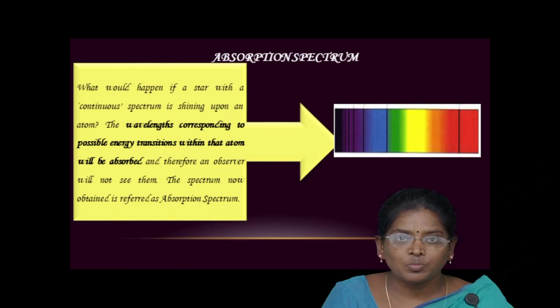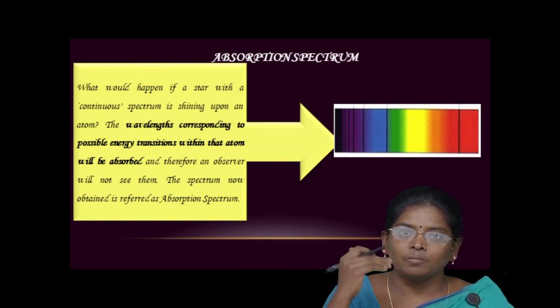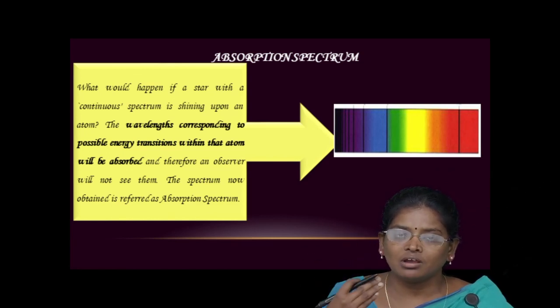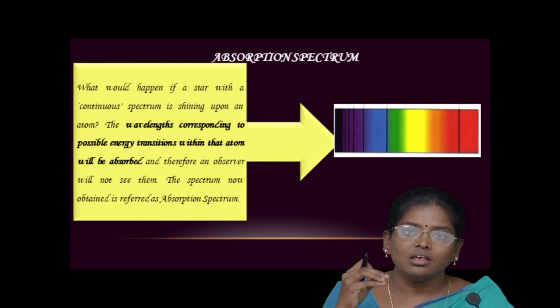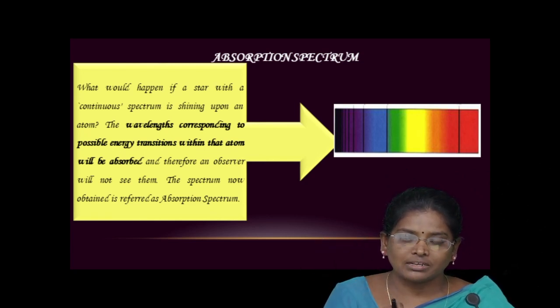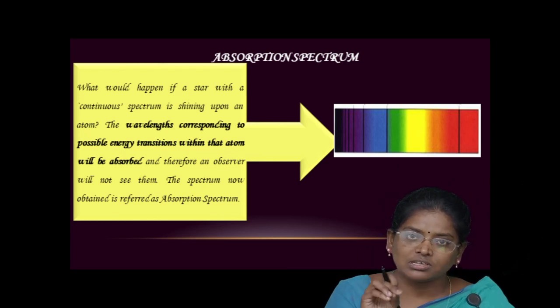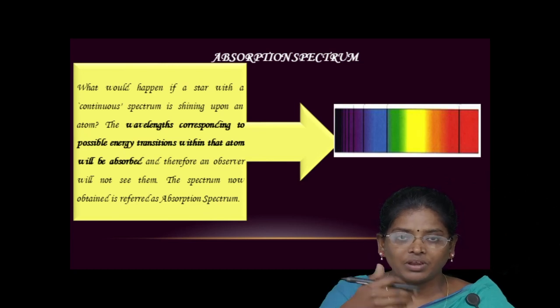Then what is the absorption spectrum? Imagine a star is emitting electromagnetic radiation of all possible frequencies. Once the radiation reaches the earth, it meets the atmosphere, that is gaseous molecules. These gaseous molecules have discrete energy levels that we have seen in the previous slide.